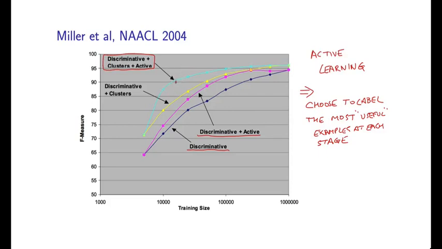I can get over 90% performance with, sorry, that's not a very straight line, but with on the order of roughly 10,000 words of training data. And so if we look at this level of performance, we would have needed a few 100,000 words of training data under the old method.